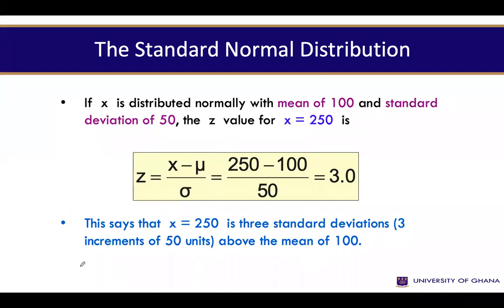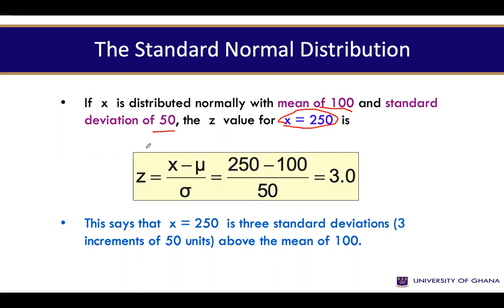Let's take an example. If x is normally distributed with a mean of 100 and a standard deviation of 50, and I want to find the z value, or standardized score, that corresponds to an x value of say 250, how do we navigate that?